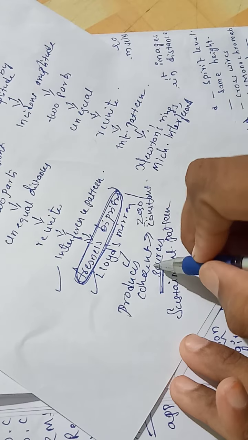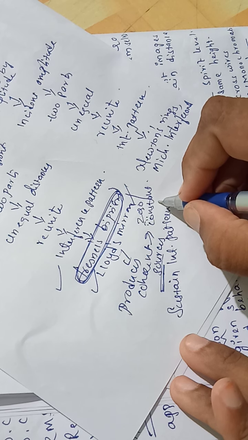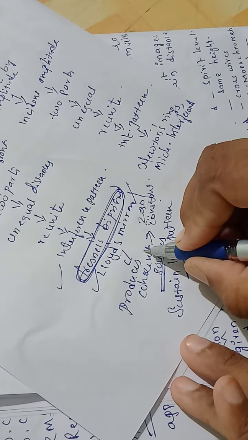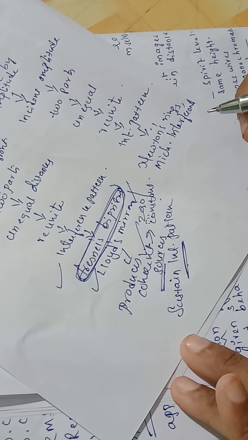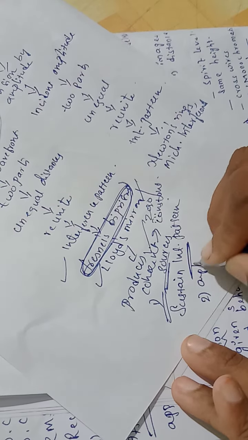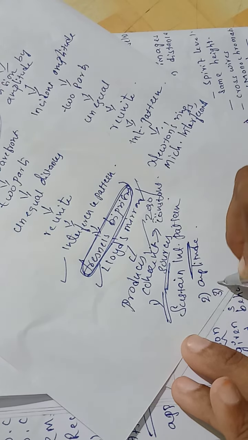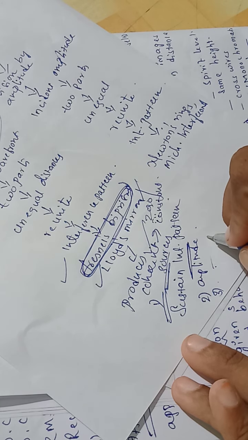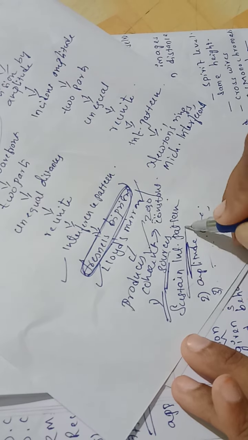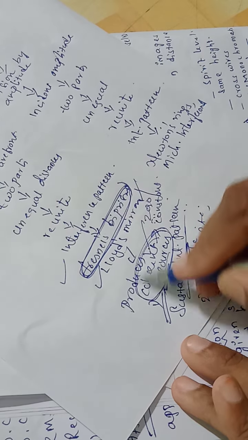Now the interference conditions: one is we require coherent sources, the main condition. The second one is the amplitudes of the two waves must be nearly equal to each other. They must travel in the same direction, etc. These are some of the conditions to produce a sustained interference pattern. The main condition is that we require coherent sources.